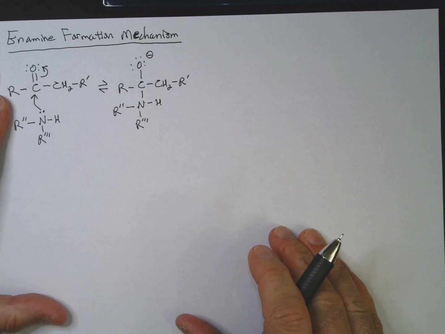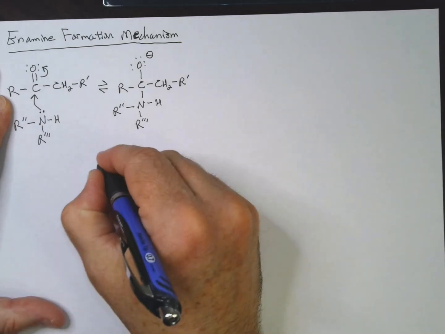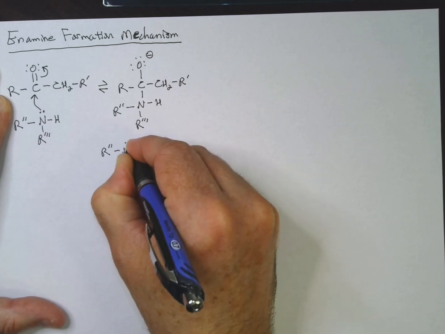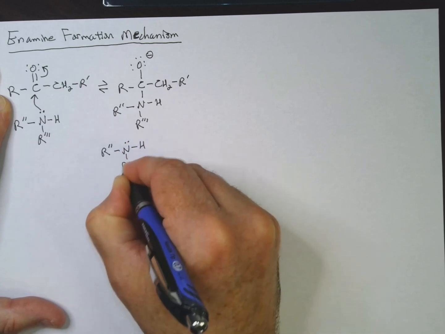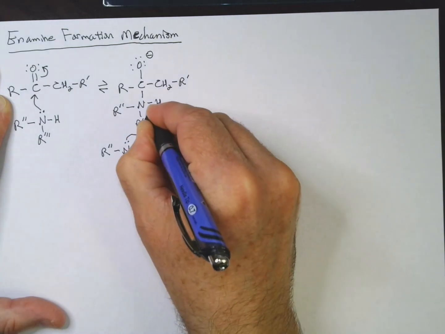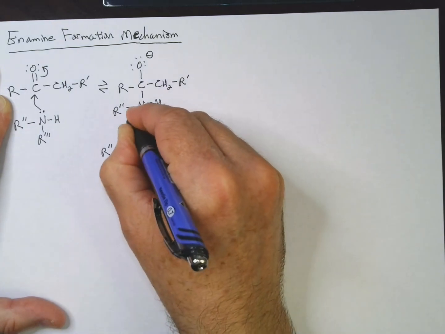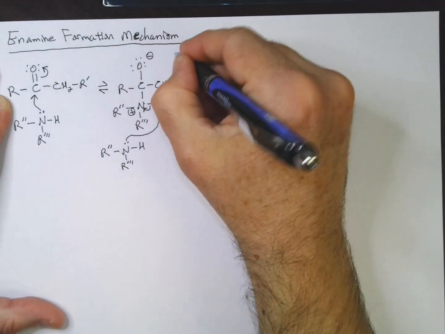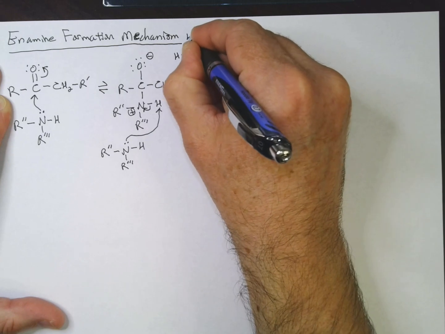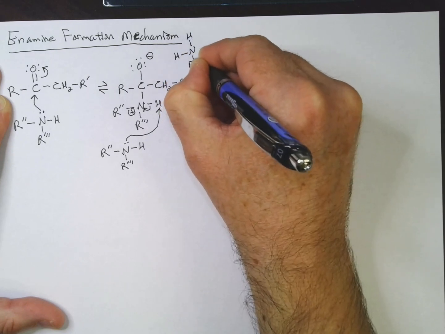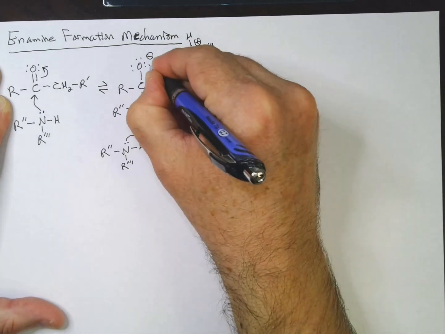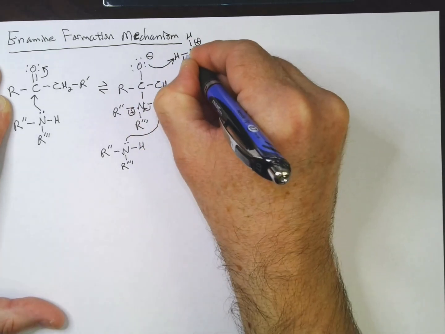And we'll go ahead now and have our proton transfers, which I'm going to draw out, but again, if you want to, you can do the direct proton transfer. I forgot to put the positive charge there. And then up here, I've got H, N, H, R double prime, R triple prime, positive charge. And that negative charge pulls that guy off.